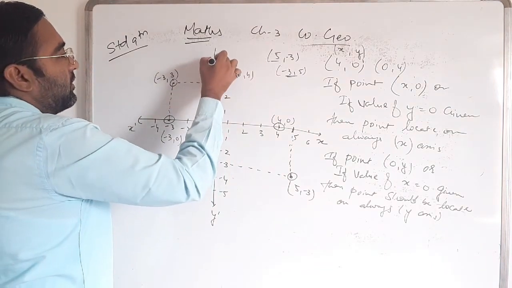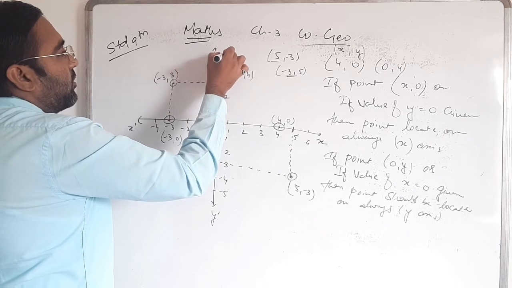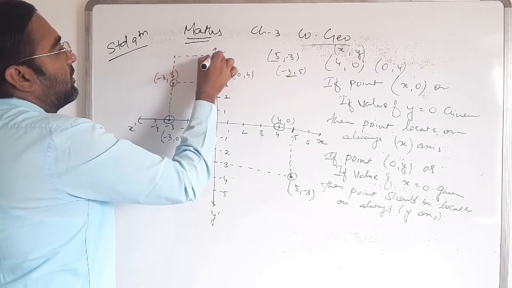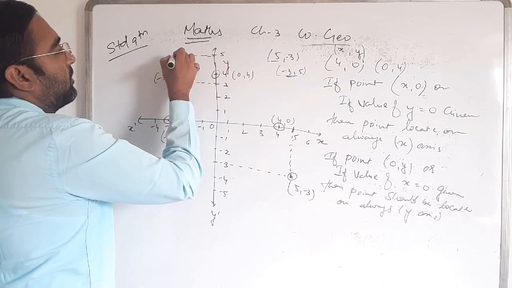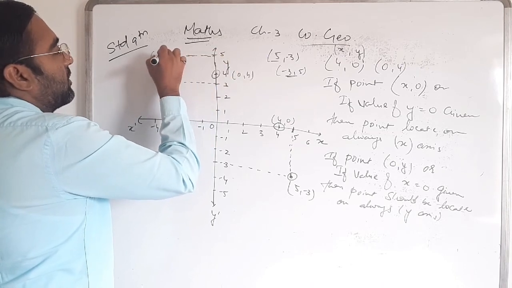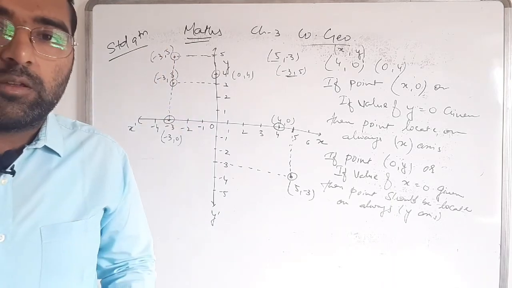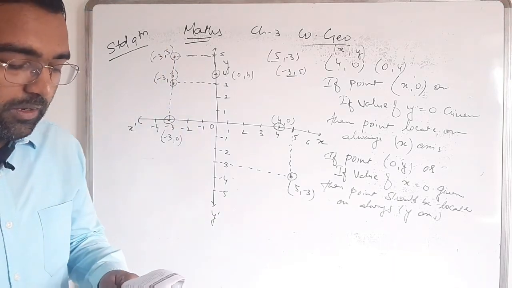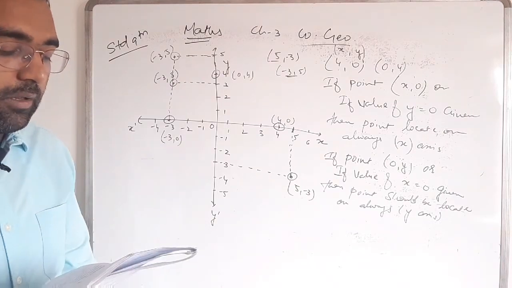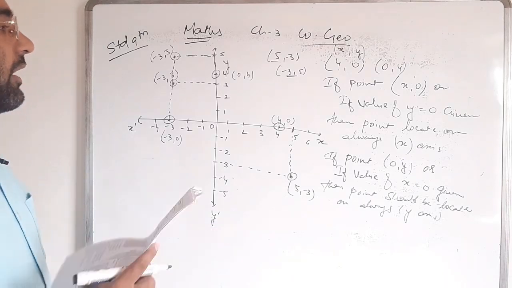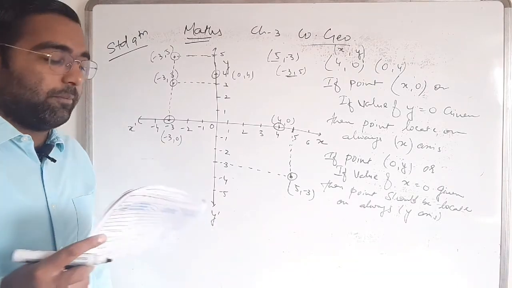Then minus 3 comma 5 lies here. Clear, students? So these are the points that we located in the Cartesian plane.